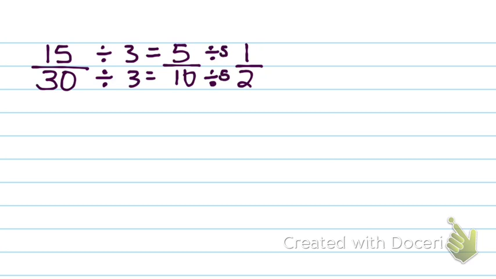And then 5 divided by 5 is 1. So what did we get down to again? A unit fraction. Yes, we're back down to a unit fraction, so we know for sure that is the smallest form. So we know that 15/30 is equivalent to 5/10 and to 1/2. And 1/2 is my simplest form for that particular fraction.